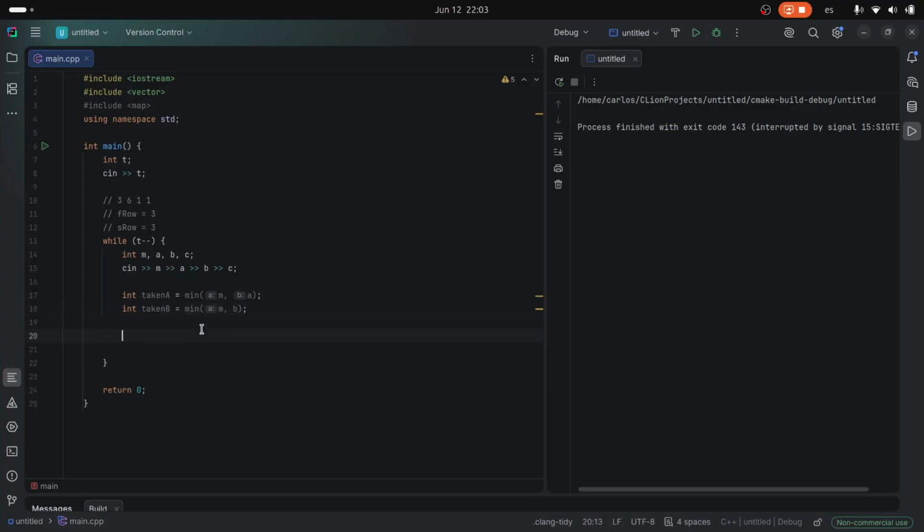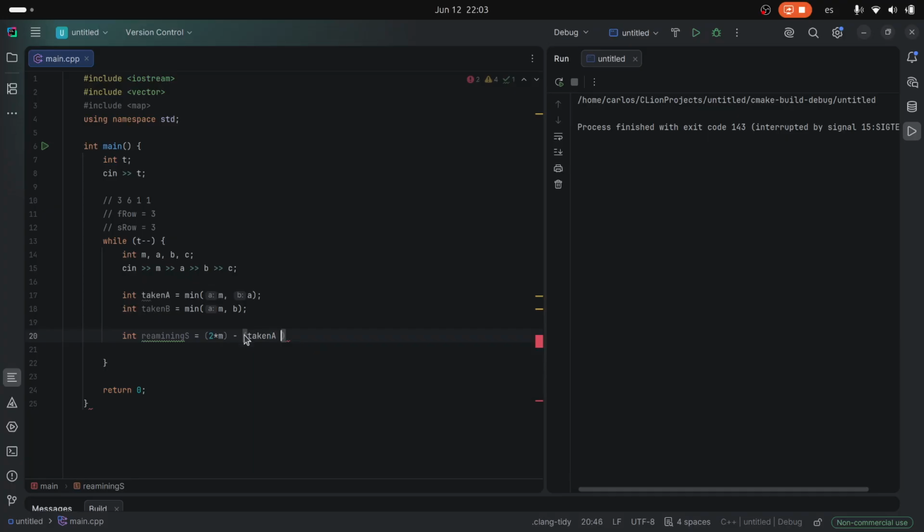And then, in order to know the remaining seats, if any, we can do something like this. Let's say remainingS, which stands for remaining seats, and we can take the original amount of seats available, which would be m times 2, and subtract how many seats are already taken at this point.